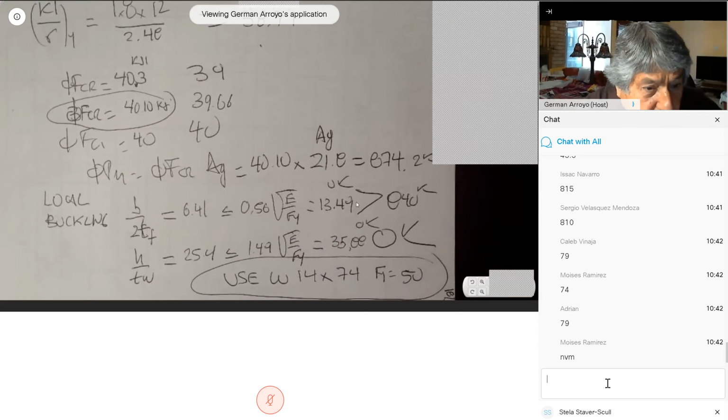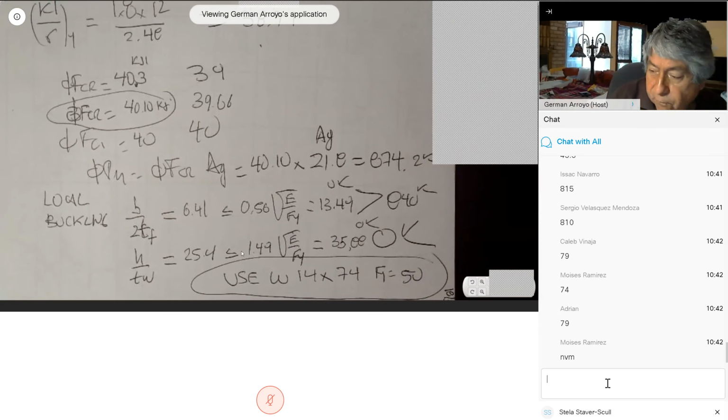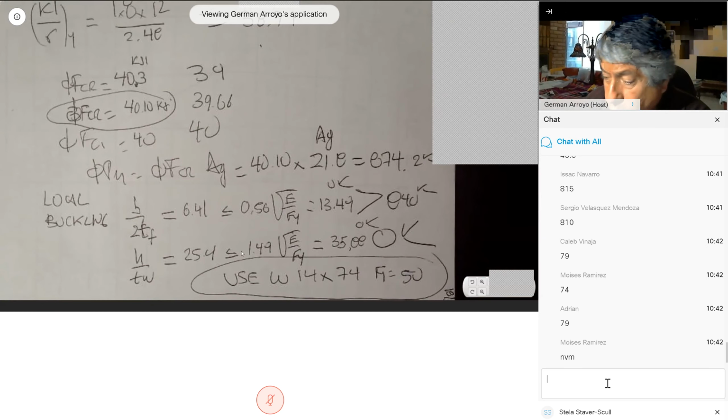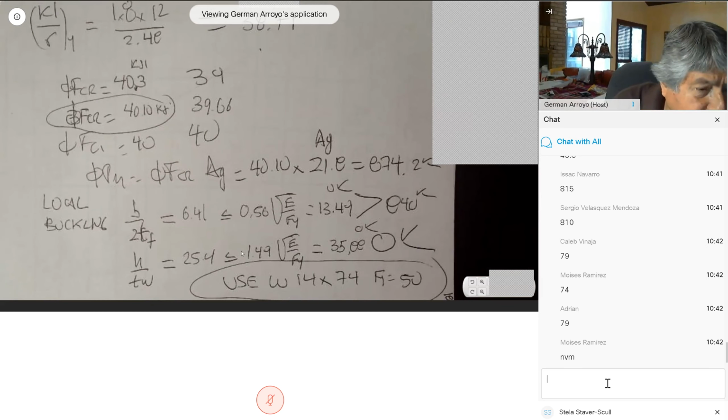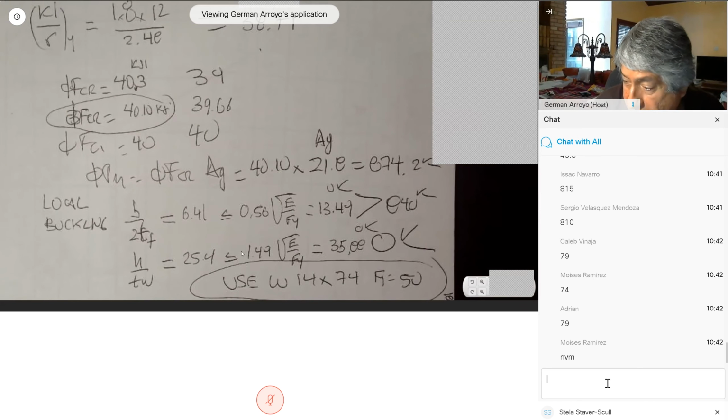This value I mentioned to you yesterday, and these values are given in the front of the code. Go to chapter 1 and the W14 by 74. Go across the page. On the second page, you're going to find in the first column b over 2 times the thickness of the flange.